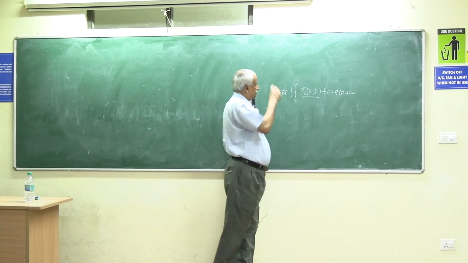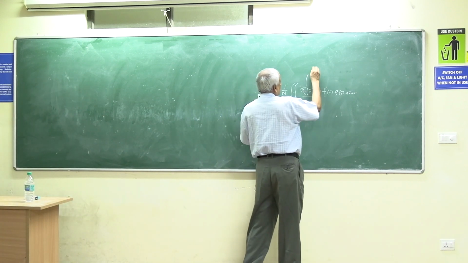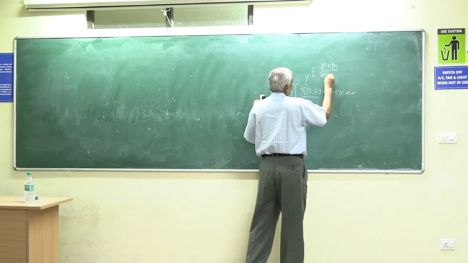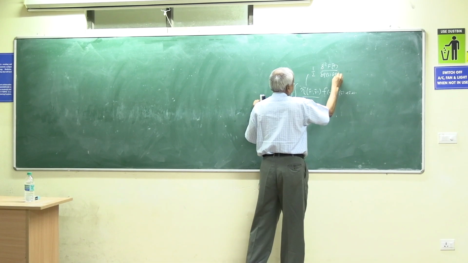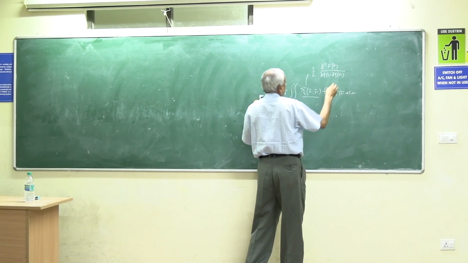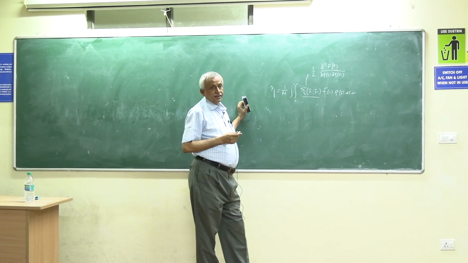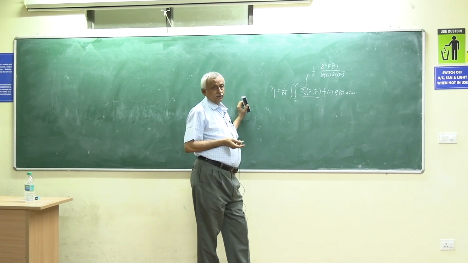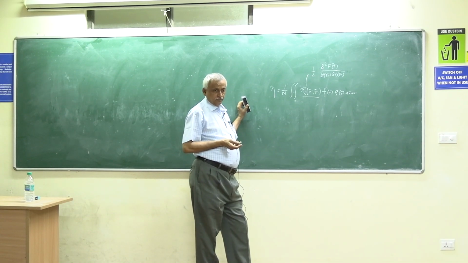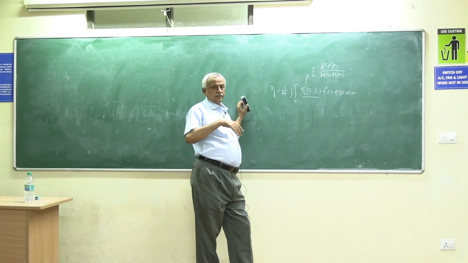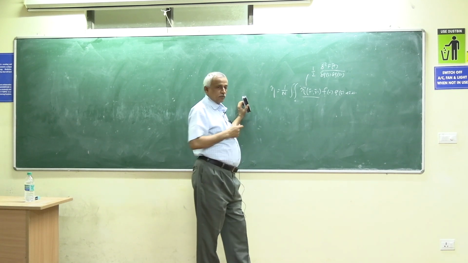Similarly, this eta(r, r prime), as I told you, is half del 2 F[rho] by del rho(r) del rho(r prime). That means it is the second order functional derivative of the Hohenberg-Kohn-Sham universal functional. So if you know the Hohenberg-Kohn-Sham universal functional, where you have the kinetic energy, the electron-electron repulsion, and the exchange correlation potential, you can calculate this eta.